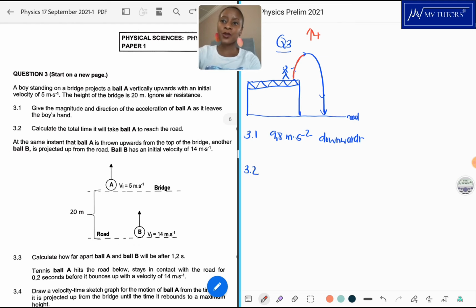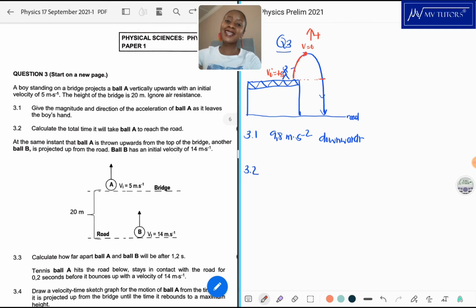If I take upwards as positive, the initial velocity here, which was 5, is going to be positive 5, until it reaches a maximum height where the velocity is 0. Remember, as the projectile goes up, the velocity decreases until it gets to 0, where it changes direction and then heads downwards.